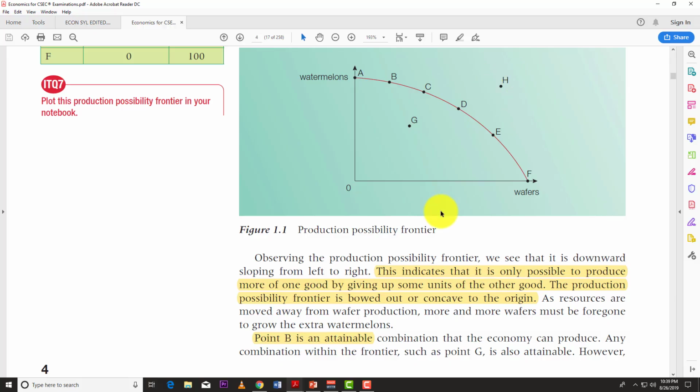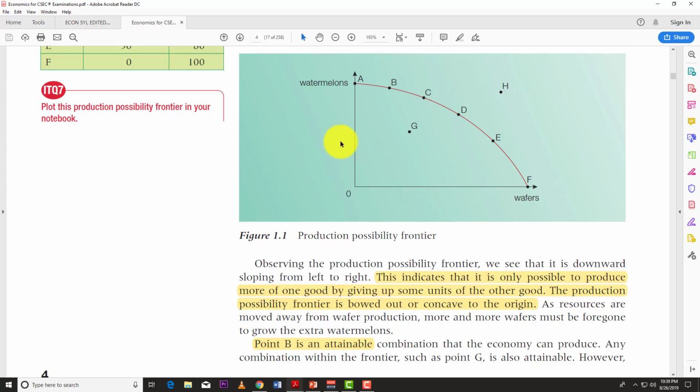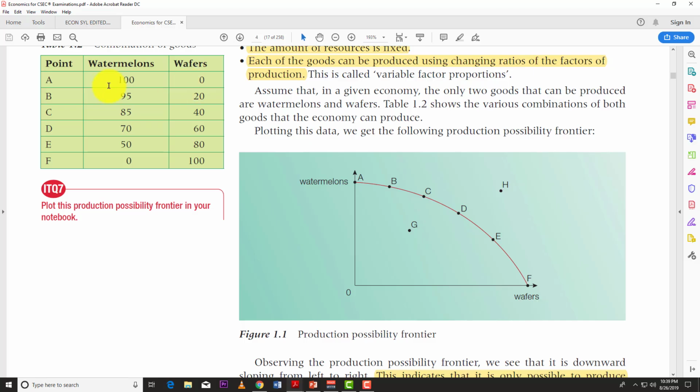And of course choice comes in because you can either choose to produce one good or a combination of goods. It all depends on what the economy wants. You have to choose. You can choose to produce all of one or a different combination of both. So that's where choice comes into play.